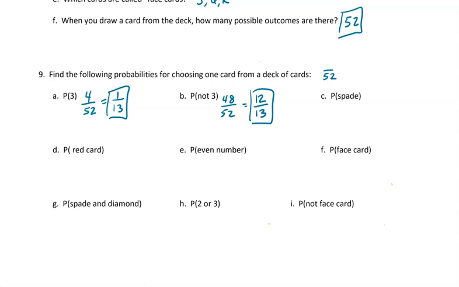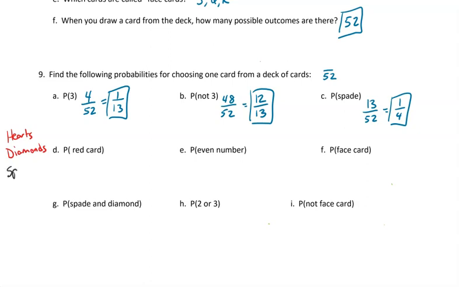All right, the probability that the card is a spade. Remember, each of these suits has 13 cards in it. So there are 13 spades, and we can reduce that into 1/4. The probability that the card is red. This is one thing we haven't talked about yet, but out of hearts and diamonds, all of those cards are red.